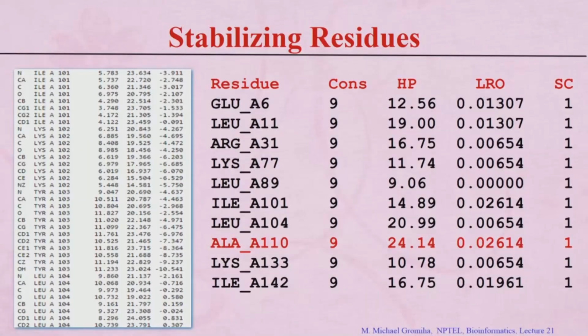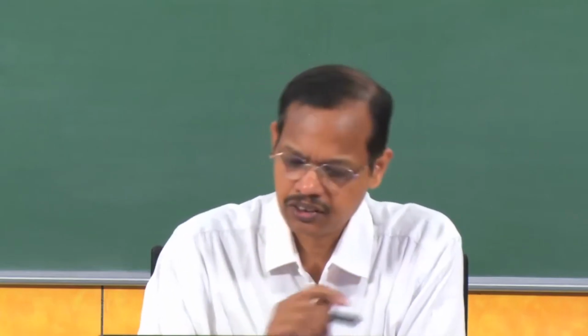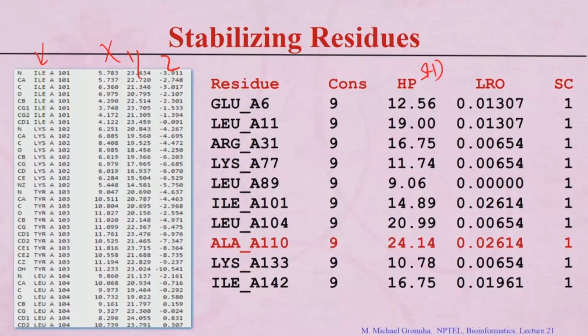So, now we can calculate all the parameters. Take any structure; the residue coordinates, the XYZ coordinates, are obtained from the PDB, and here you have the sequence. For each residue you can calculate the conservation score and surrounding hydrophobicity, long range order, and the stabilization center.